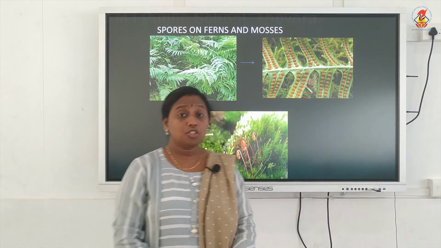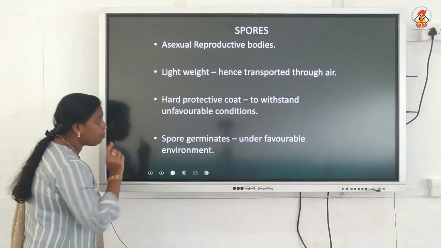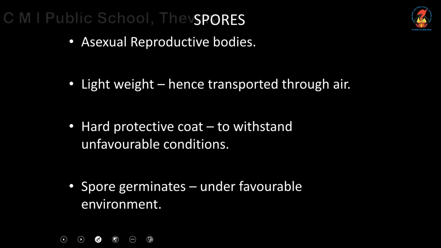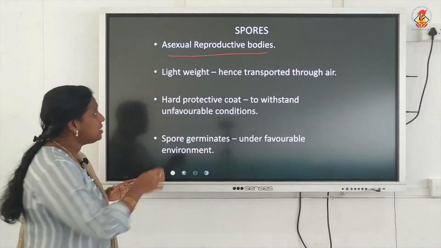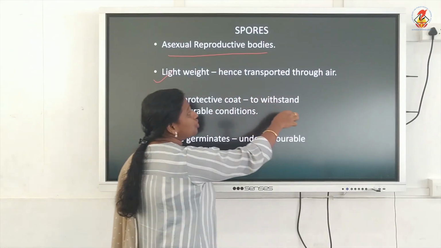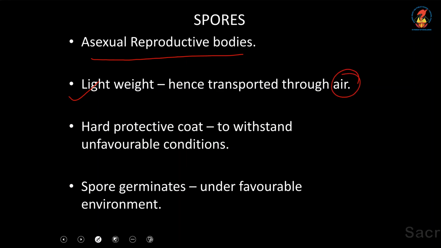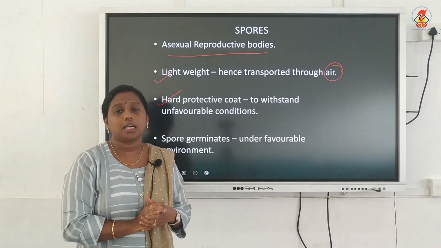Understood? Yes. So now, what is a spore? Spores are asexual reproductive bodies. Now these spores are very lightweight. Hence, they can be very much transported through air. The wind can easily take them. They are very lightweight. Okay, next, these spores are having a hard protective coating to withstand unfavorable condition.